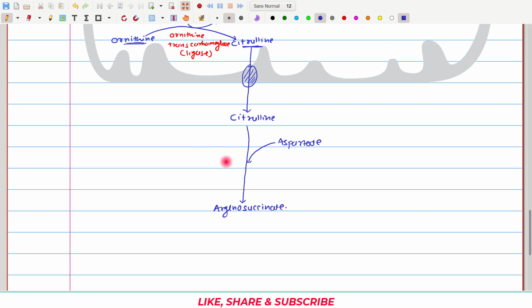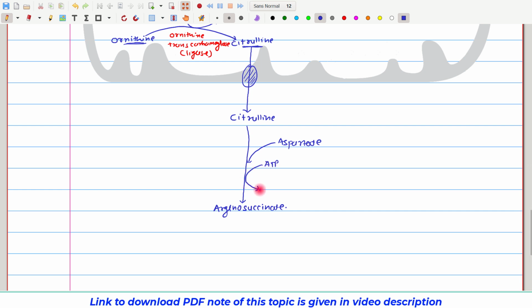Now, this reaction also requires energy. So, here ATP is used, but here instead of 1, 2 high energy phosphate bonds are broken down. ATP gets converted to AMP, and pyrophosphate is released.